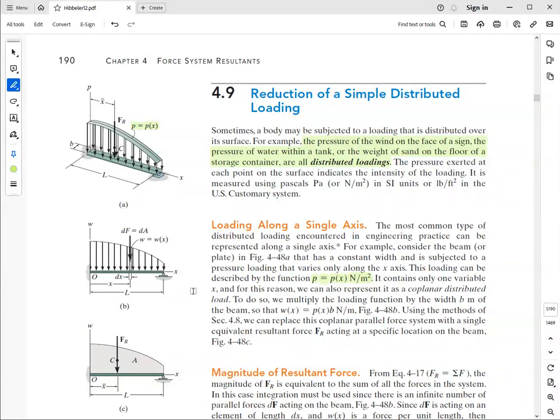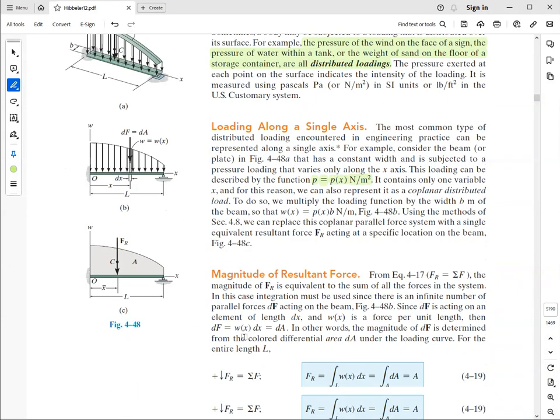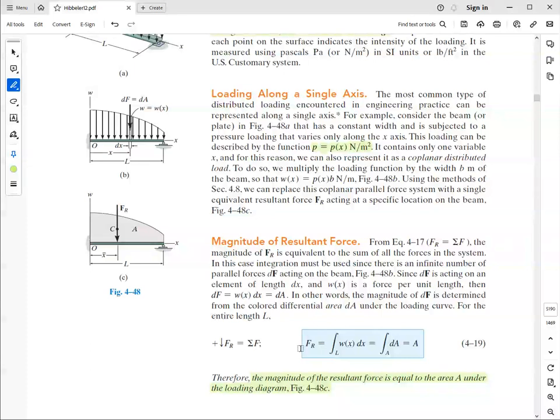So what would be the resultant force? That's really equal to the area of the surface, or it could be the volume. You can also have a distribution that varies both in x and in the other direction perpendicular to x, not labeled here, could be y. The way you get it is by integration.